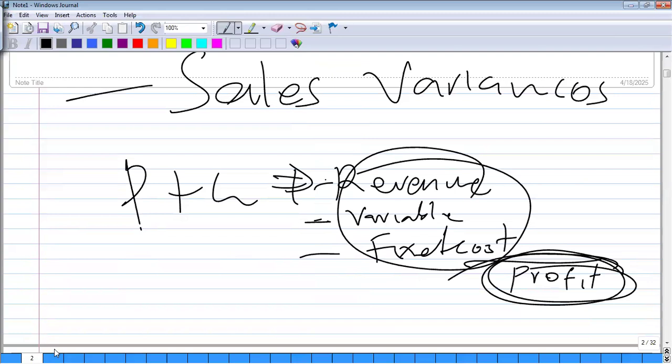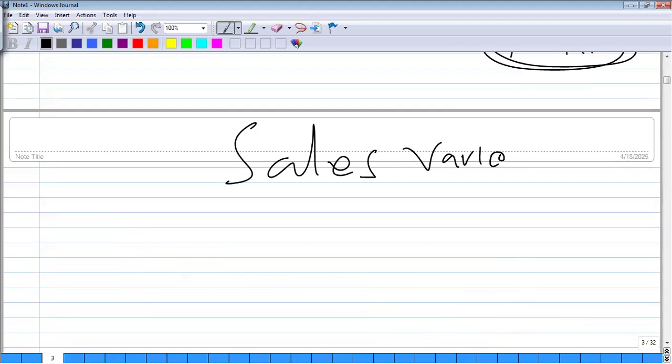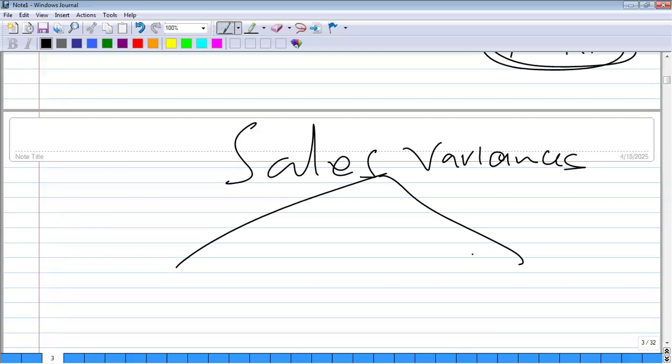So under the sales variances, just like other variances, sales can be influenced by two things. What are those things which influence sales? What could cause your sales to change? For example, I'm projecting to sell 2,000 shirts next year. What could cause them to change my revenue?